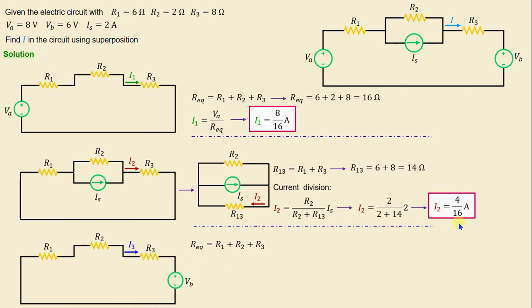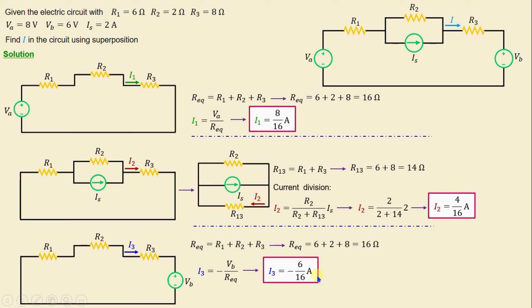First, let's calculate the equivalent resistance, which is equal to R1 plus R2 plus R3, equal to 16 ohms. I3 is equal to negative VB over R equivalent according to Ohm's law. And if we replace VB and R equivalent with their numerical values, we obtain negative 6 over 16 amps.